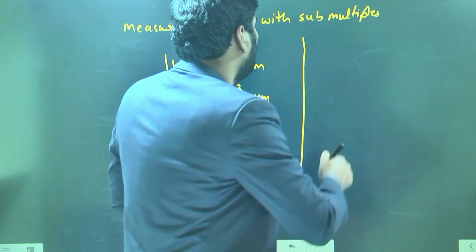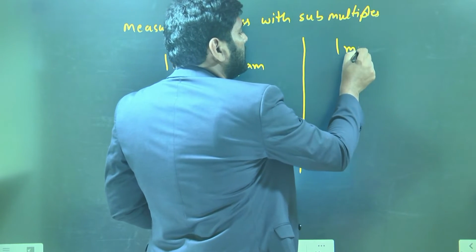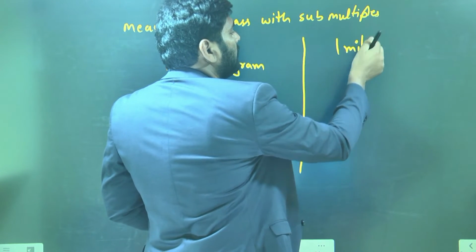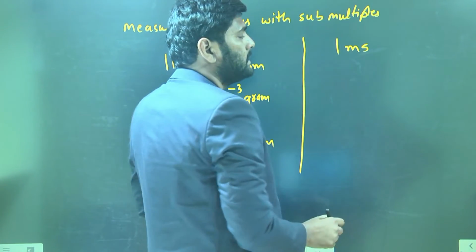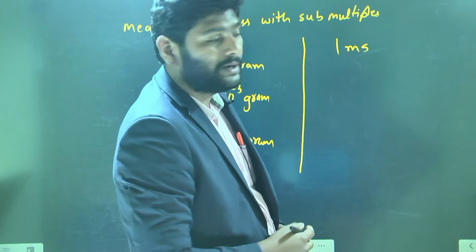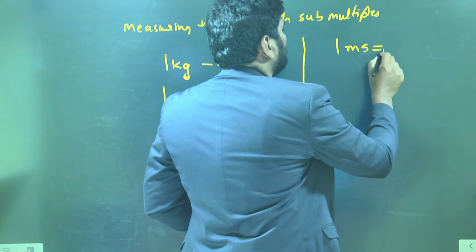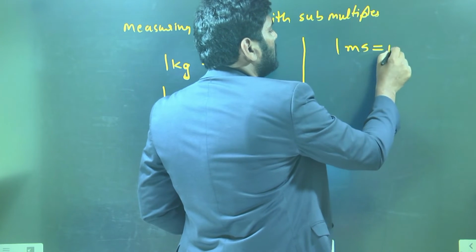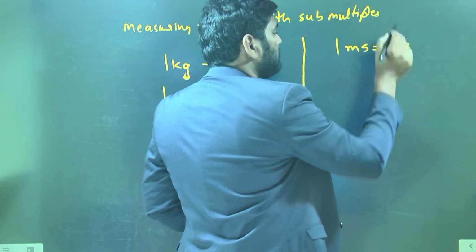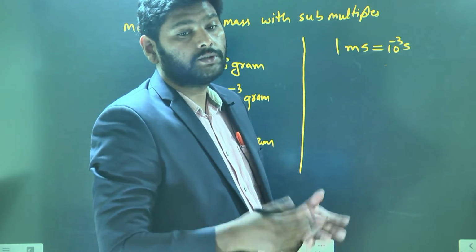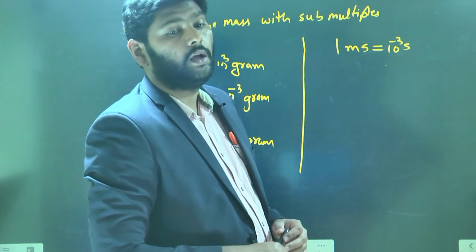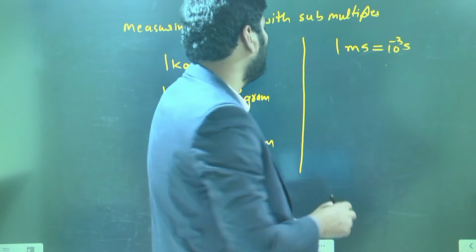For example, 1 millisecond. How can you represent 1 millisecond? Milli means 10 power minus 3 second, which means the 1000th part of a second we can represent with 1 millisecond.